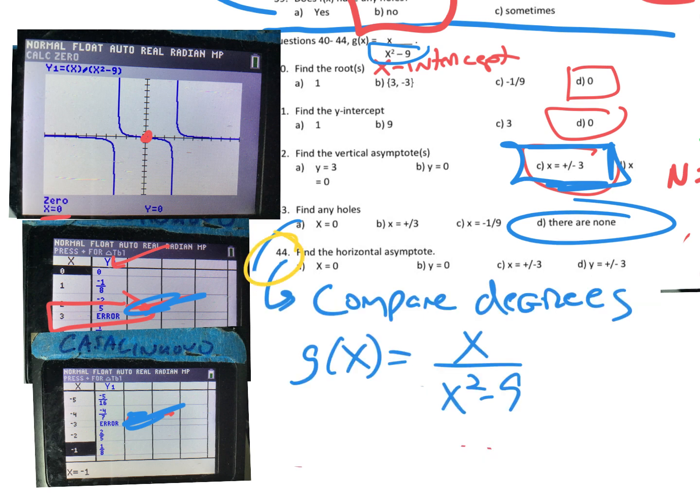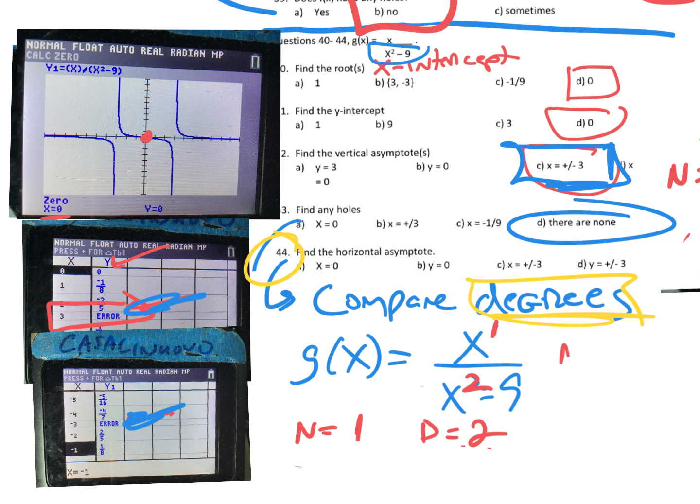And then now for number 44, to find the horizontal asymptote. The way we find the horizontal asymptote is we compare the degrees of the numerator and the denominator. So here our numerator's degree, well, we have x to the first, so our n is equal to 1. Here our denominator's degree, we have x to the second, so d is equal to 2.